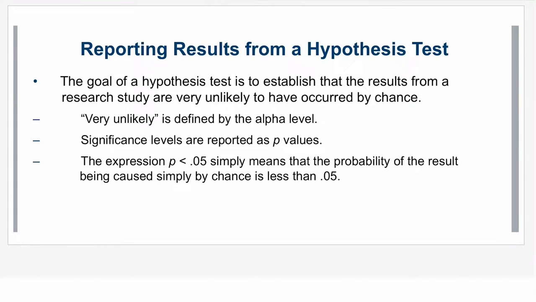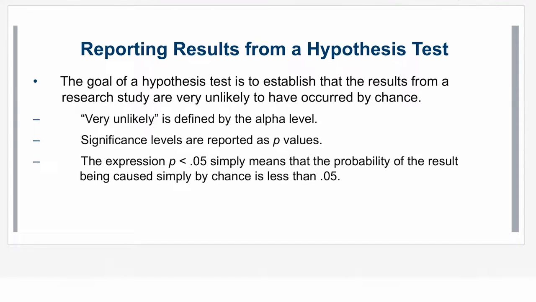What that means is that was what their alpha level was set at, but it also means that the probability of that result being caused by chance is less than 5%. So we can say it's significant, right? We can trust it, because there's a 95% chance or more that our results were real, that they were not by chance.